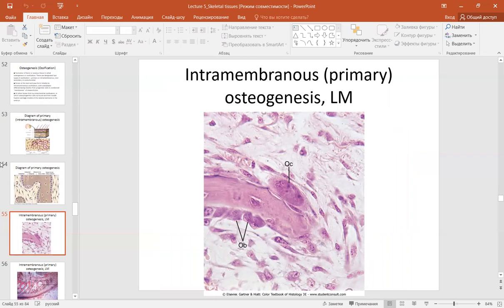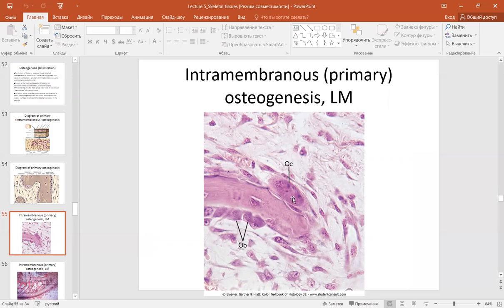Primary intramembranous osteogenesis viewed by high magnification of light microscopy. Inactive osteoblasts, active osteoblasts, cuboidal in shape, forming bone tissue, synthesizing collagen fibers and concentrating the phosphate ions surrounding this ossification process.